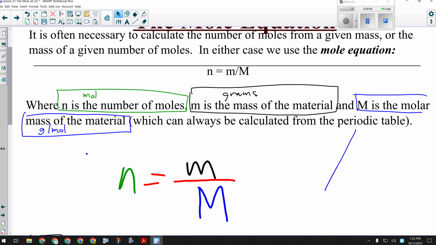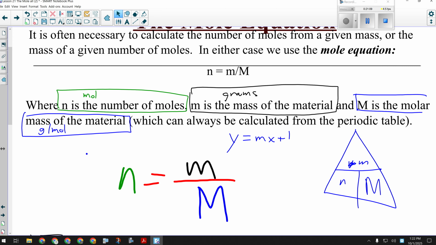Yeah, sure, for a 3-variable formula, yeah, you could do this. You could put an m on the top and an n there and a little m there. But here's the problem with that. It's not going to work when we get to this equation. And by the way, you're also going to use that one in math, okay? Or this equation.